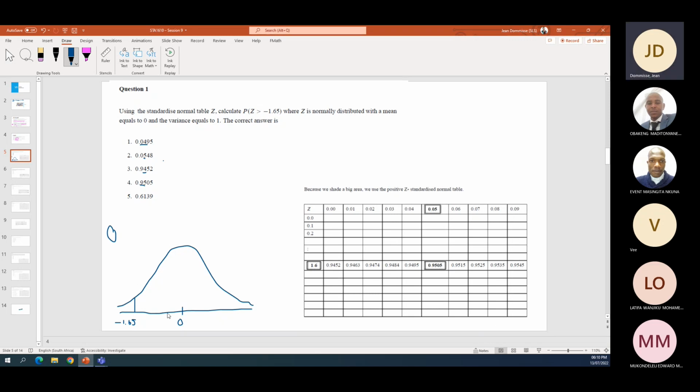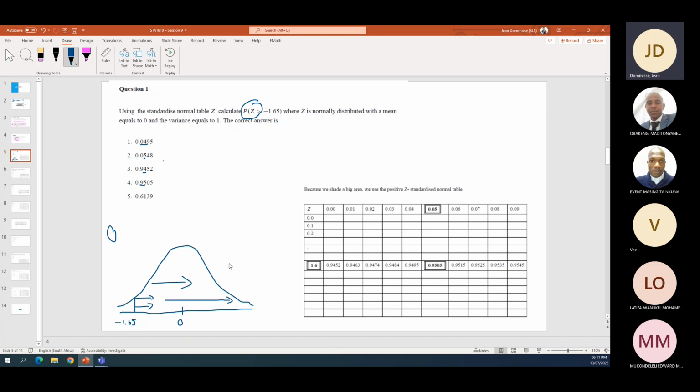Then the next thing I look at is that they tell us it needs to be bigger than minus 1,65. So this whole area is the probability that we are looking at.